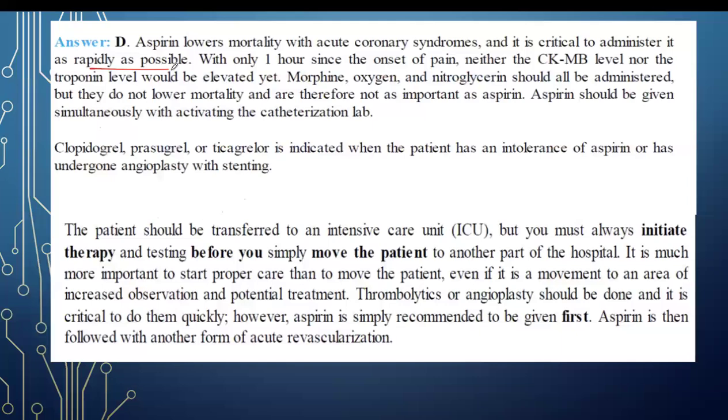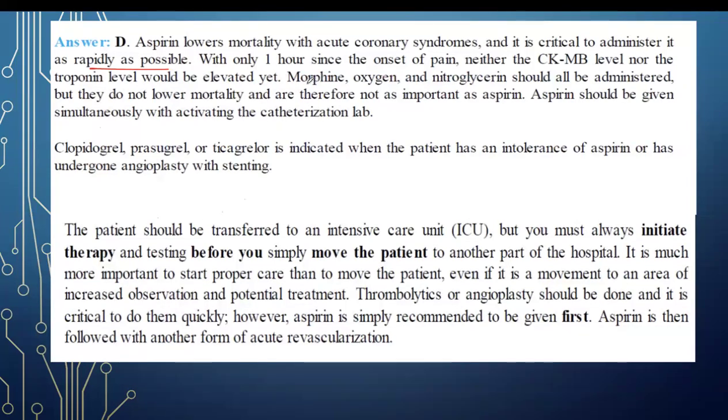The patient had the chest pain just for 1 hour. Will you get anything positive like CKMB, troponin? No, because for troponin to be higher, at least 4 to 6 hours is needed. So doing a troponin or CKMB in this patient might not even give you anything.